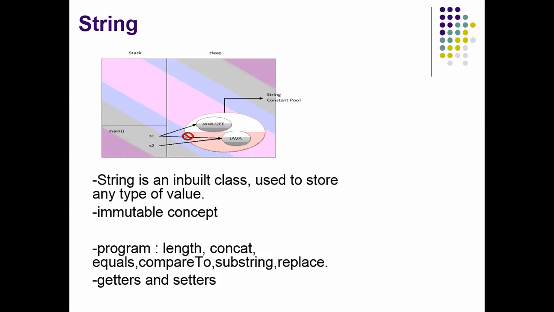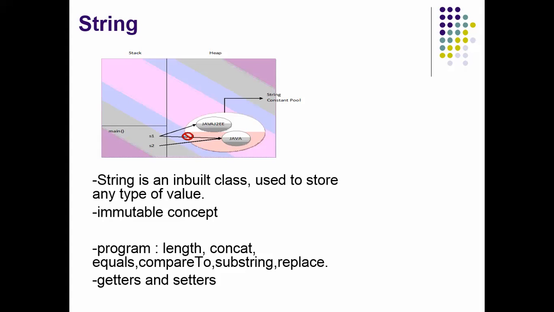So these are all methods provided by the String inbuilt class, like the replace method, length method, and substring method. The equals method is there to compare two strings, to check whether the contents of two string values are equal or not. Then there are the toUpperCase and toLowerCase methods.